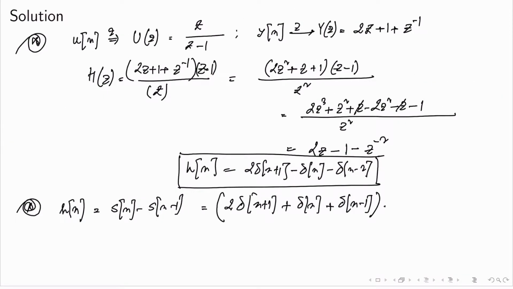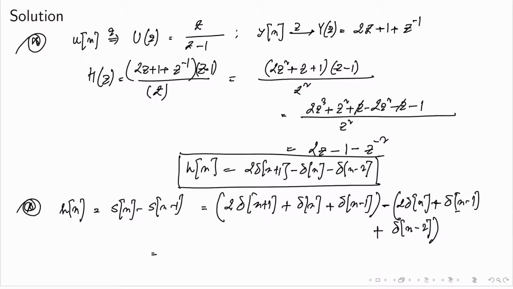minus s of n minus 1, which will be replacing n with n minus 1. Therefore it will be 2 delta of n minus 1 plus 1, that is 2 delta of n, plus delta of n minus 1, plus delta of n minus 2, right?